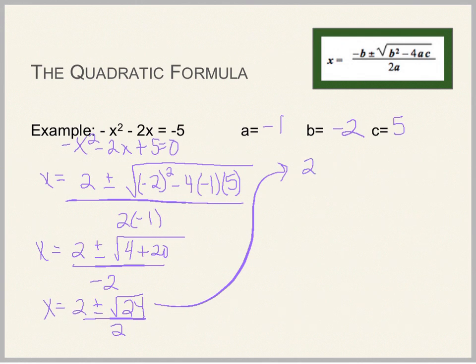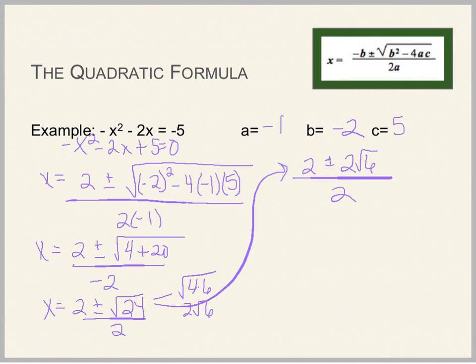Or in other words, we would have 2 plus or minus the square root of 2 times the square root of 6, all divided by 2. The square root of 4 times 6 would be 2 root 6.